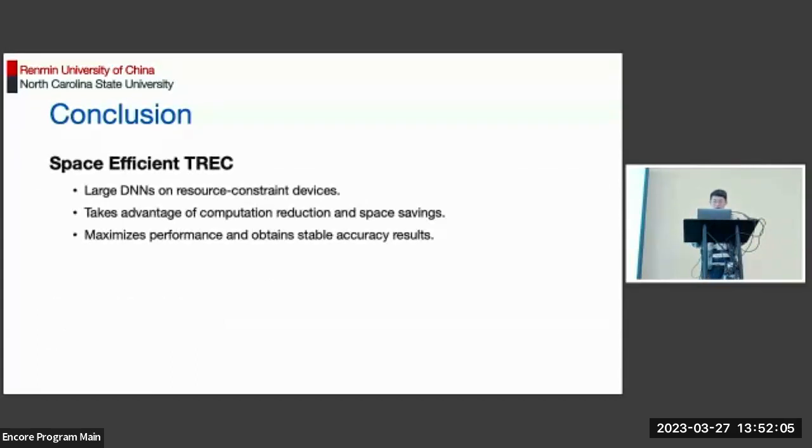In conclusion, in this work, we demonstrate that large DNNs can be deployed on resource-constrained microcontrollers and executed efficiently by the introduction of space-efficient TREC. It takes advantage of computation reduction and space savings, and it maximizes performance and obtains stable accuracy results.